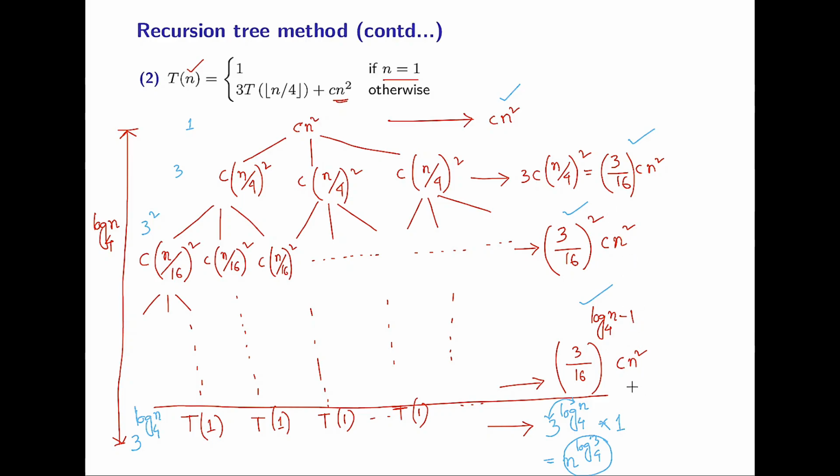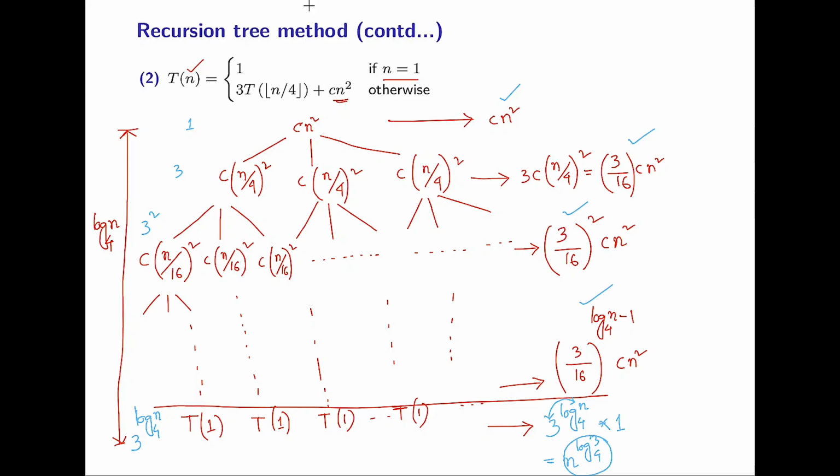We'll add all these to find the total cost, plus the cost at the last level. How do we find the cost at the last level? We need to find how many nodes there are, and then multiply by the cost of each node. Now I will add up all these things, and then we will see how to simplify to get the answer.